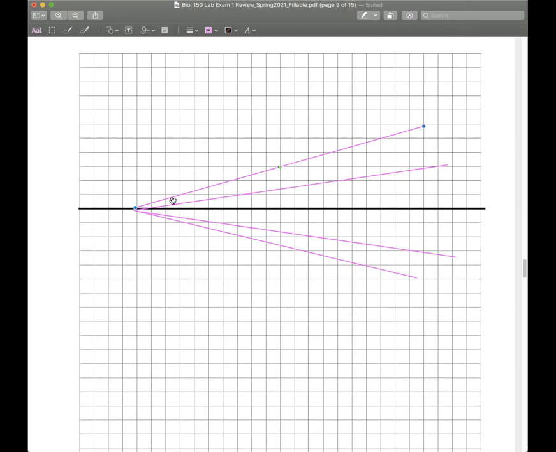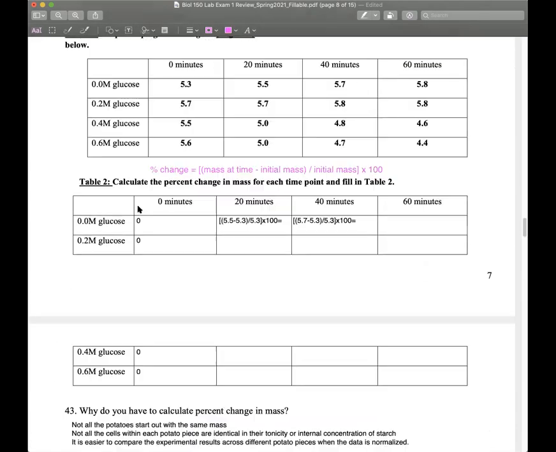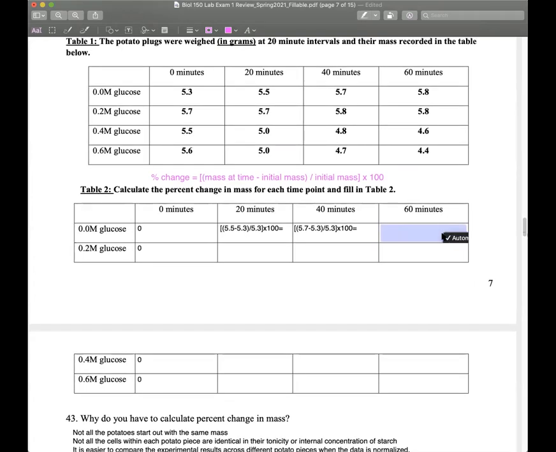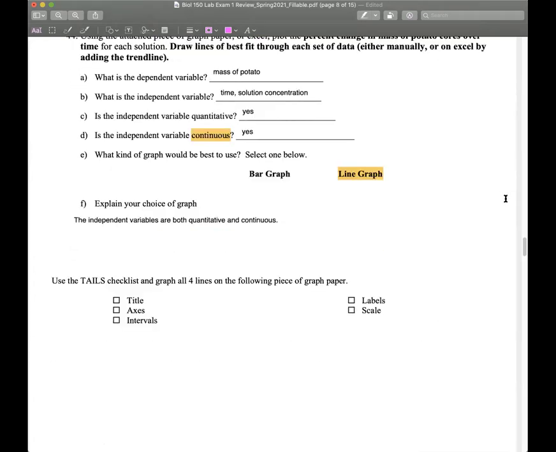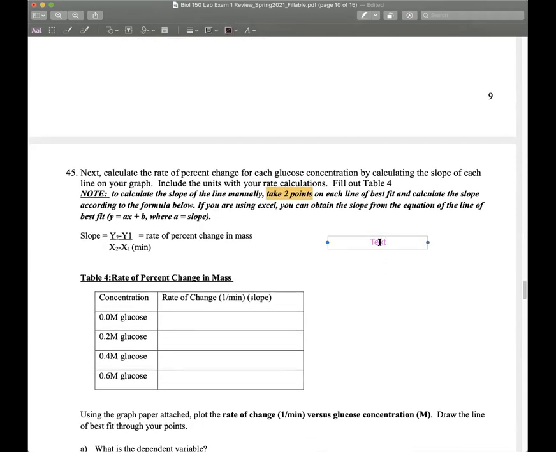The starting point for all of them is 0, 0, right? 0 minutes, 0 change in mass. And then you would do the 60-minute change in mass. Coordinates are always written as x comma y when you're talking about points in a graph.